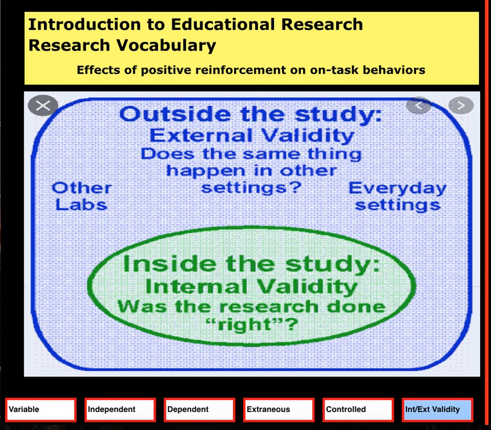On the other hand, external validity deals with the generalizability of the findings. Can the findings be generalized to other samples, to other institutions, to other schools, to other populations? So that is the difference between the internal and external validity.